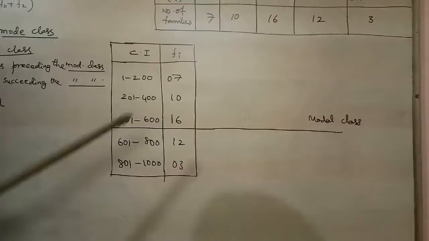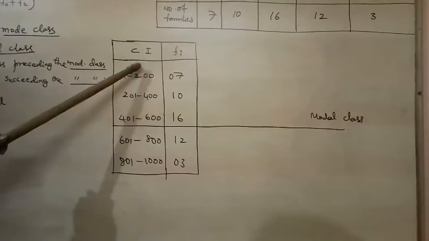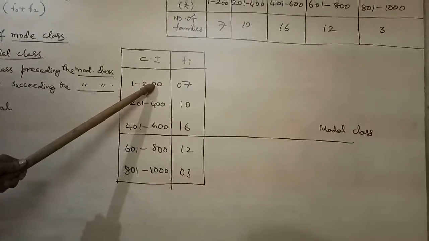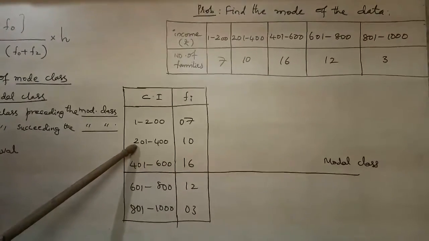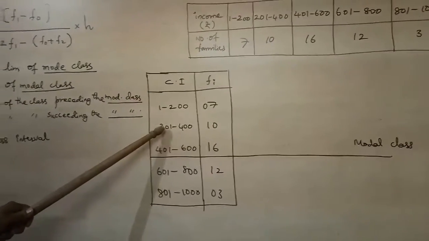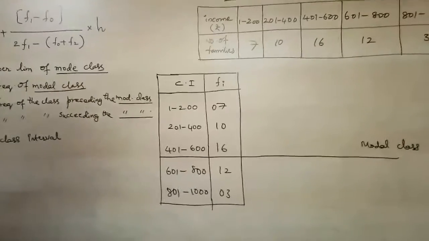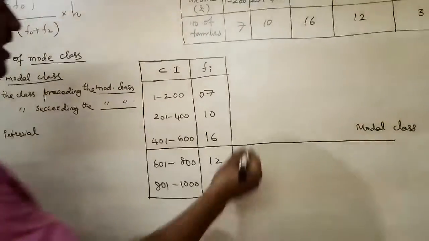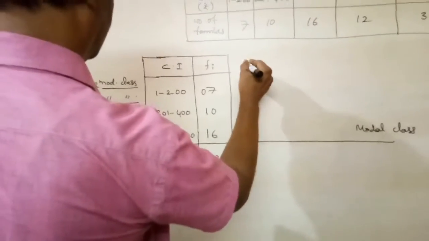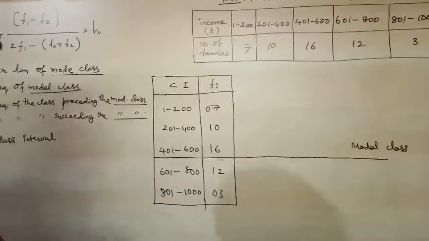But observe these classes. These are all lower limits and these are all upper bounds. The upper bound of the first class is not equal to the lower bound of the second class, so we have to make them equal. I am rewriting the classes like this.